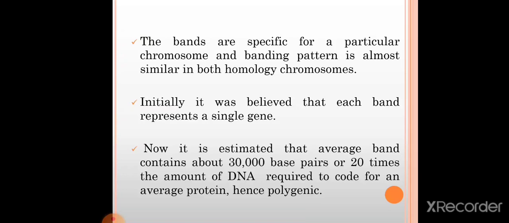Now these bands are specific for a particular chromosome, and the banding pattern is almost similar in both the homologous chromosomes. Initially, it was believed that each band represents a gene, but now it is estimated that the average band contains about 30,000 base pairs, or 20 times the amount of DNA required to code for an average protein, and hence it is polygenic.